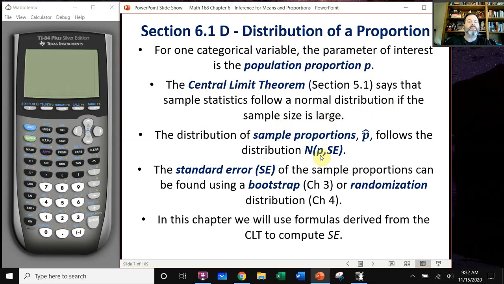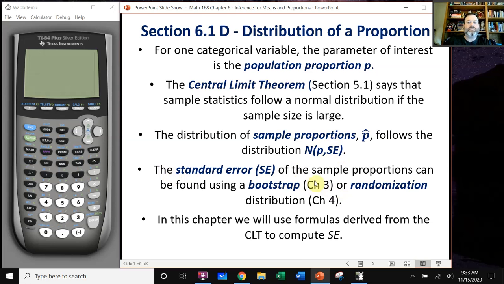It's centered at the population proportion. Whether we know the population proportion or not, sampling from a population, the center of all of the samples we take will be the true population proportion. And of course, the standard error is the variability. If we have a normal distribution, it's completely determined by the center and standard deviation. When we're doing sample statistics, of course, we call the standard deviation a standard error.